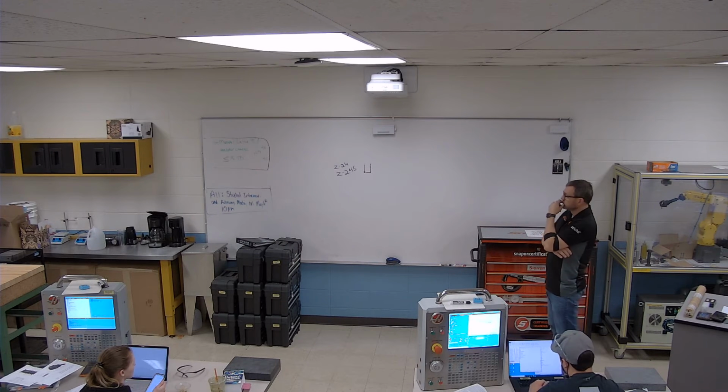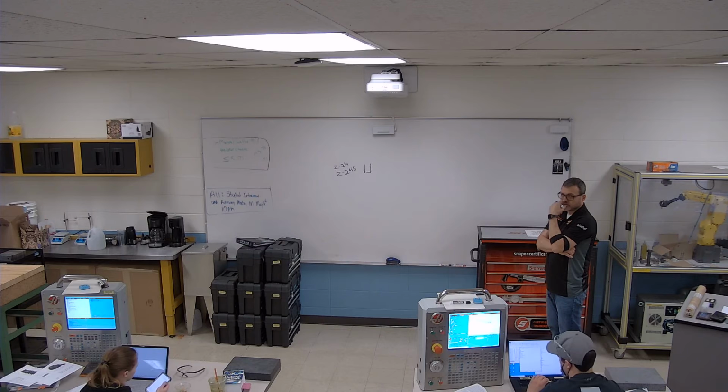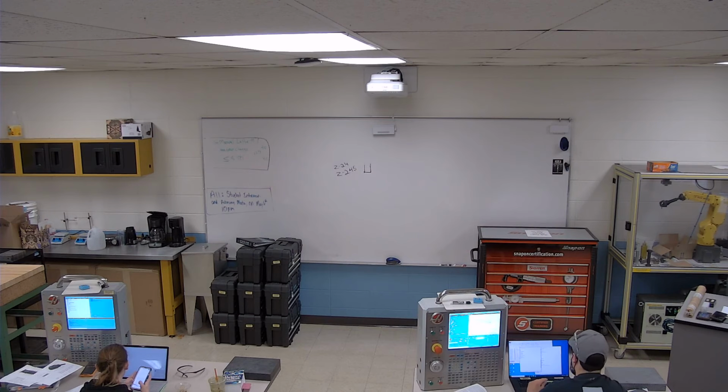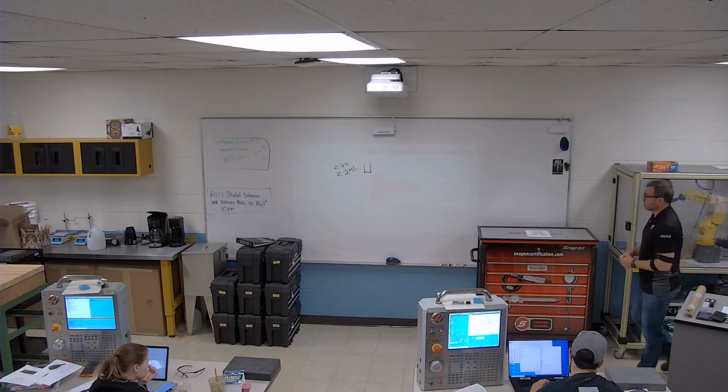So where do we part it off, or where do we just put that groove in? 2.6? 2.625. And so we really want to come back 50 thousandths from that, don't we? 2.575.